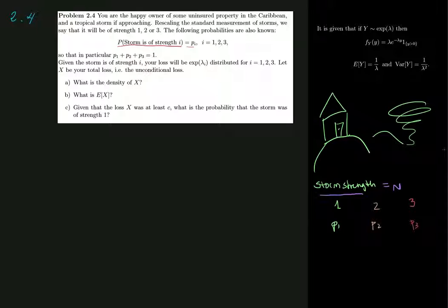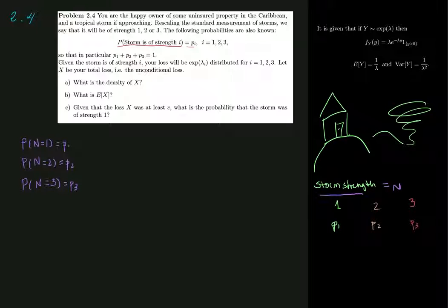So the probability that N is equal to 1 is equal to P1, the probability that N is equal to 2 is given by P2, and the probability that N is equal to 3 is given by P3.